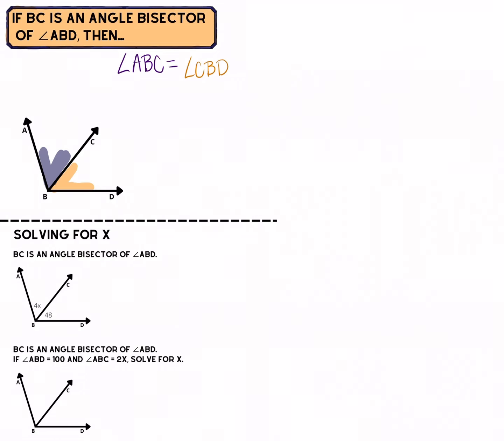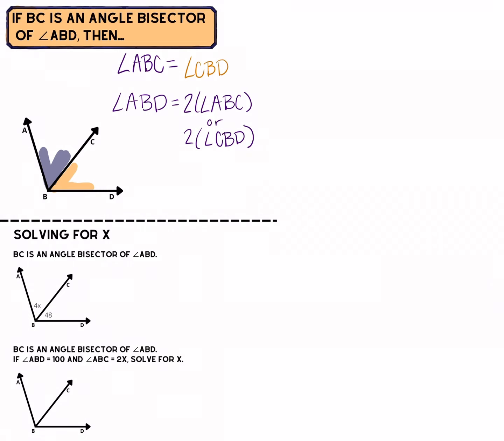Then, the whole angle, angle ABD, is equal to 2 of angle ABC, or 2 of angle CBD. So the whole angle is 2 of either half, because the halves are the same.